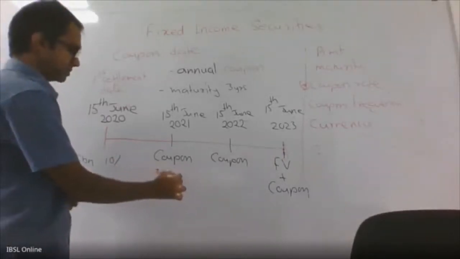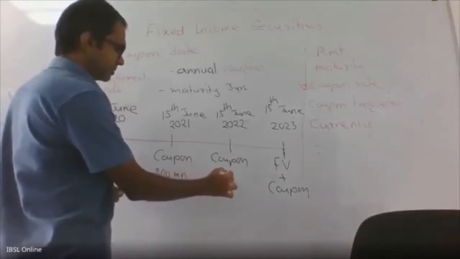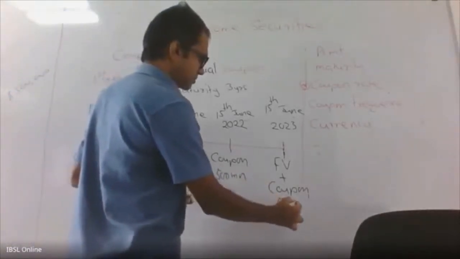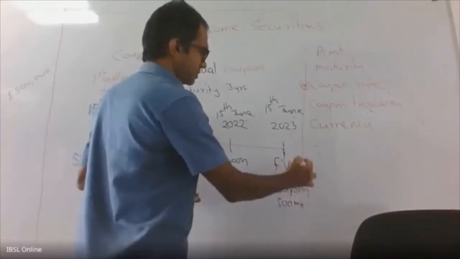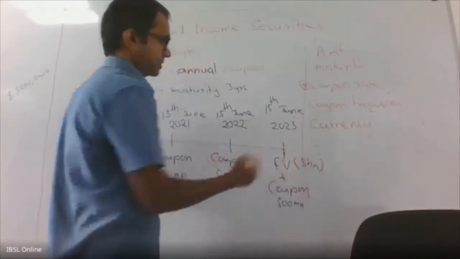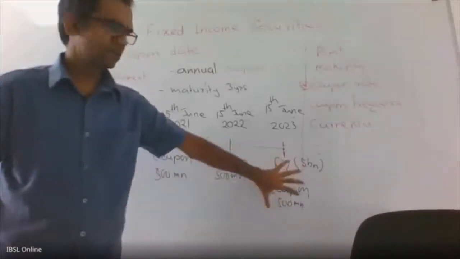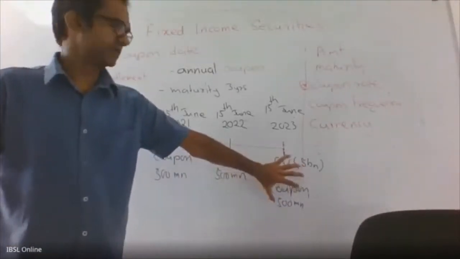Every year, the issuer will pay 500 million here, and 5.5 billion will be paid at the end after 3 years.